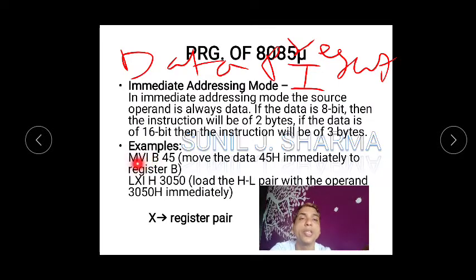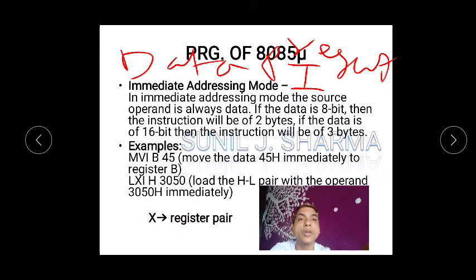For example, here I have written MVI B, 45H. What is 45H? I have taken random data and that will be stored into the B register. Move the data 45H immediately to register B. That is the meaning of this instruction. I means immediate data.